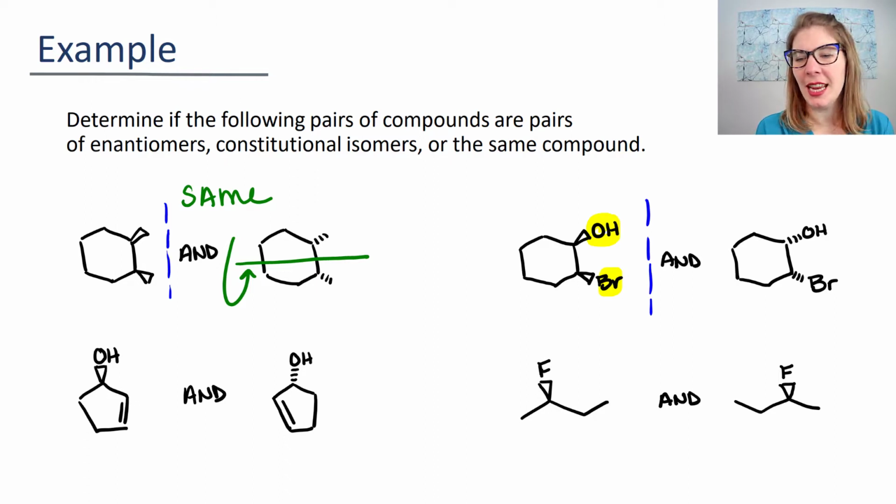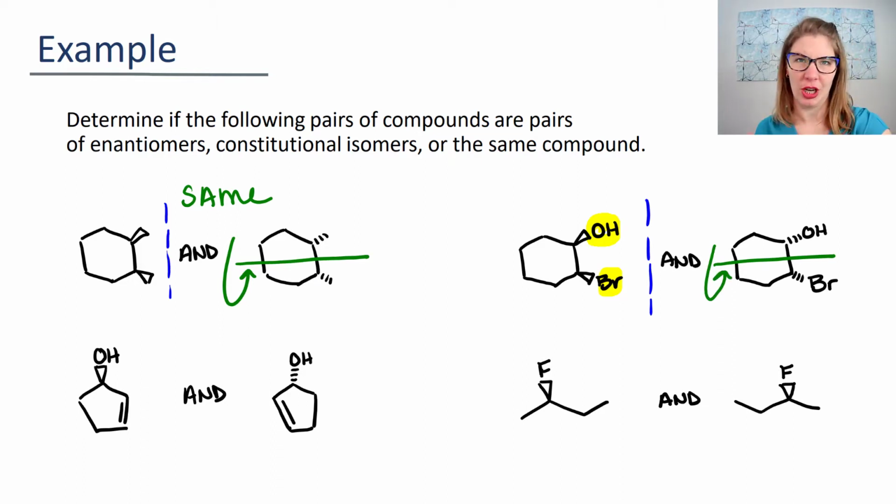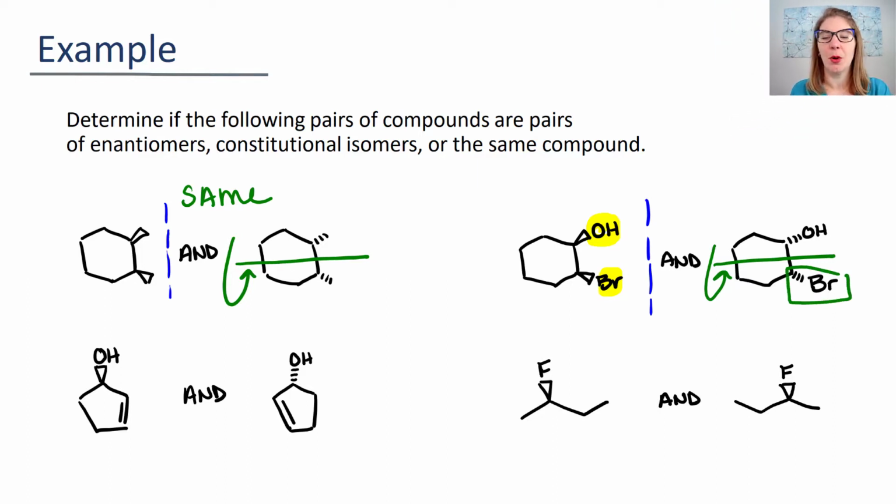So if I were to take one of my compounds and rotate it to see if I can get the directionality of the bonds to agree with one another, well, then where each atom is located doesn't agree with one another. Because if I rotate that second molecule, what will happen is this bromine will now be on top, even though it's pointing outward, and that OH will be pointing outward but be on the bottom.